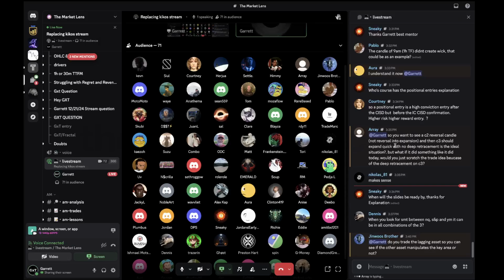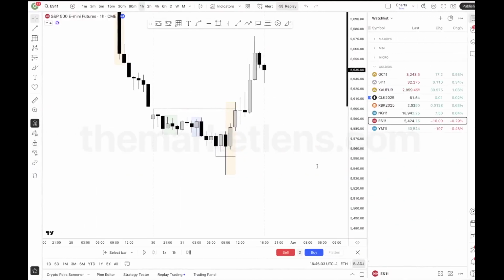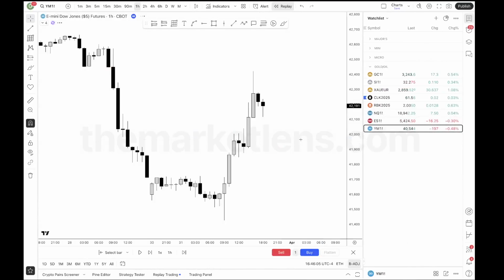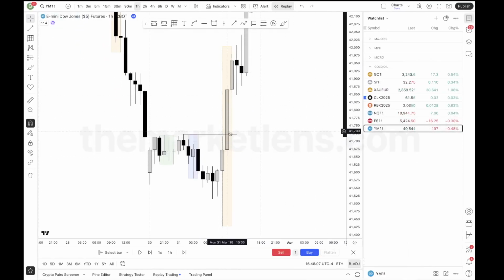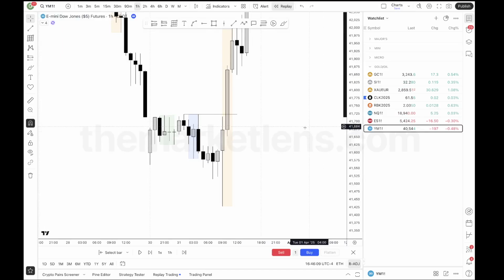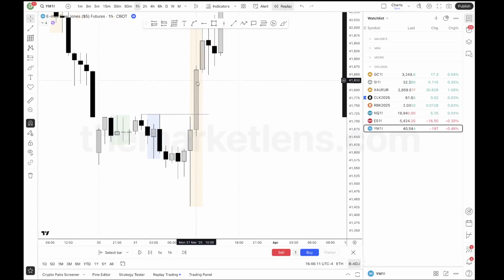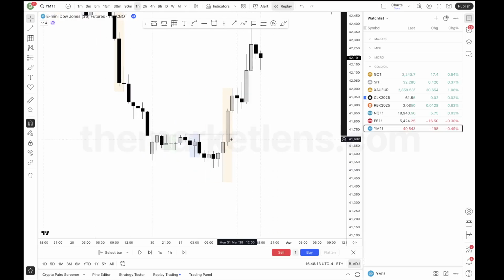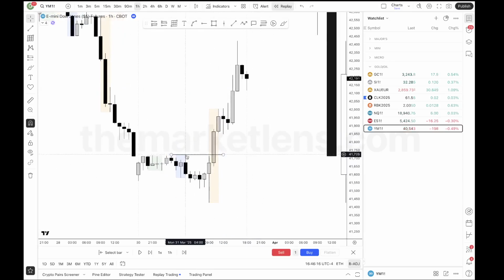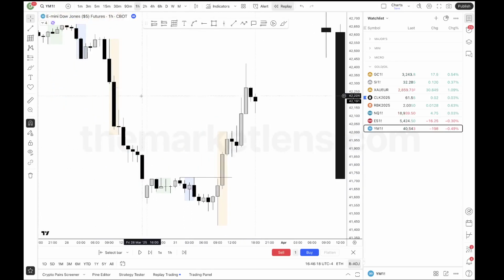Can you trade the lagging asset? Yeah, you can. Because if you look at YM here, I didn't trade YM here. I traded ES or NQ, I forgot. But here, I don't know how far we're going to displace through these highs and what we're going to target.